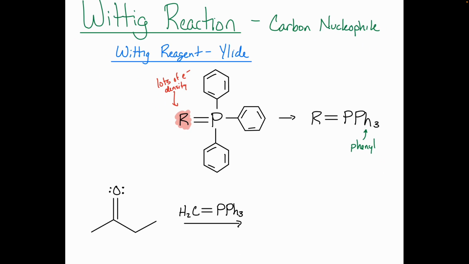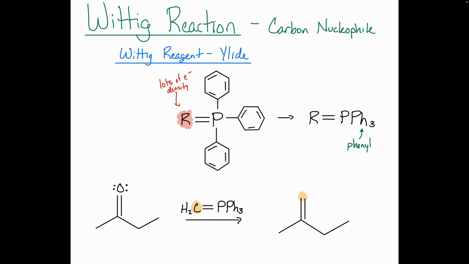These Wittig reactions, we're going to put them in a separate category here because they don't do the exact same thing. Yes, carbon's going to play the role of a nucleophile. It's going to attack that electrophilic carbonyl carbon. But then there's this weird rearrangement that happens. So what you're left with is a carbon-carbon double bond, where my carbon in my Wittig is now on the other side where my oxygen used to be.